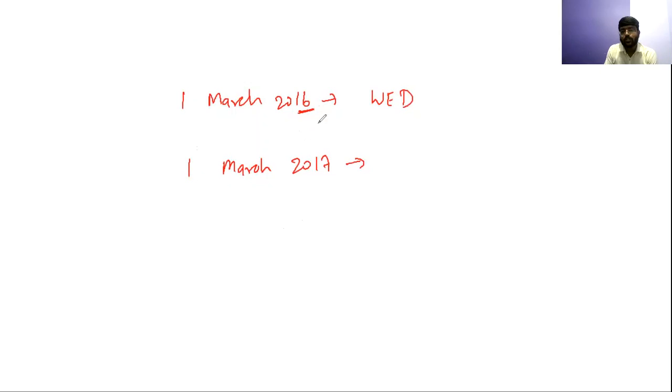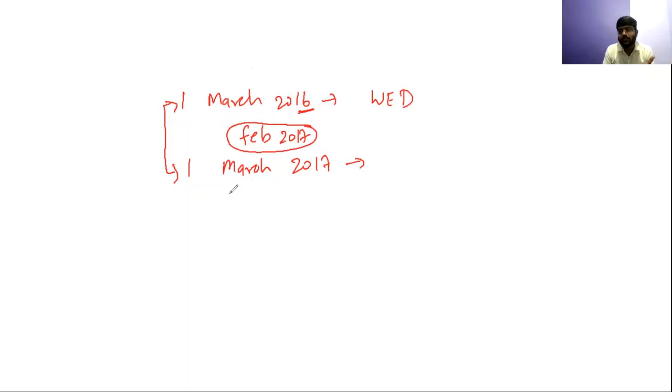I told you the concept for this kind of question is you just need to check which year's February you are crossing. So when I'm coming from March 16 to March 17, I will be crossing the February of 17, because February of 16 is not in this time span. After March 16, you will come to April 16, May 16, June 16.